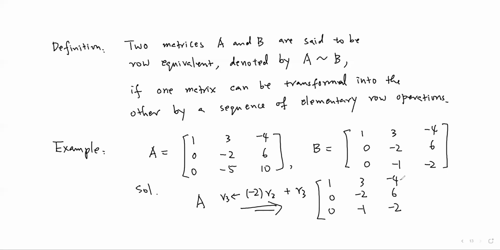So this is B. Therefore, according to the definition, these two matrices are row equivalent.